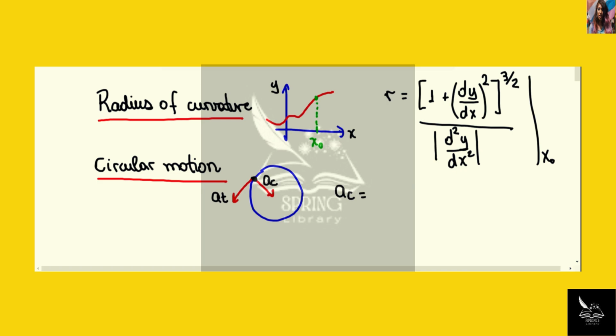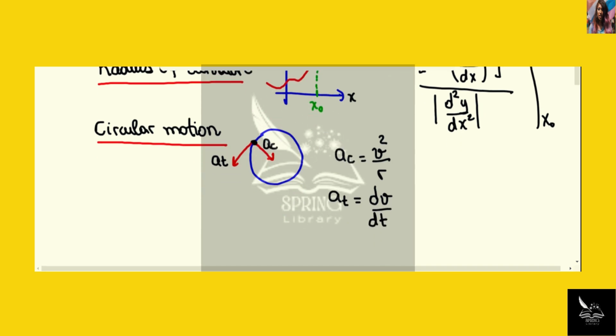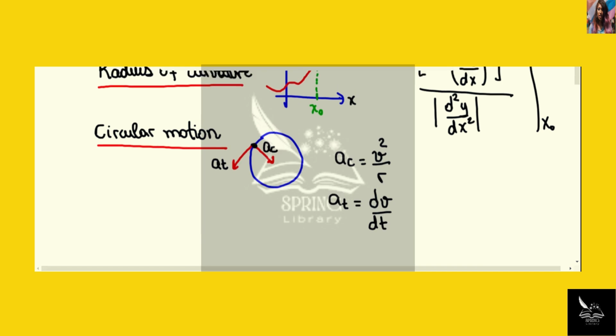The centripetal component is equal to v squared over r, where v is the speed of the particle, r is the radius of the trajectory, and accounts for the change in direction of the velocity. The tangential component, on the other hand, is equal to dv dt and accounts for the change in speed.